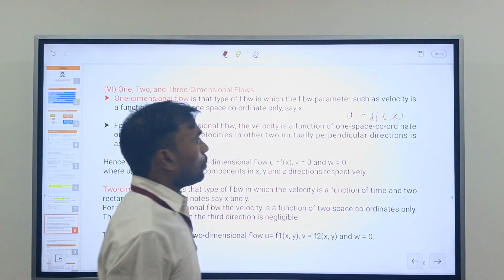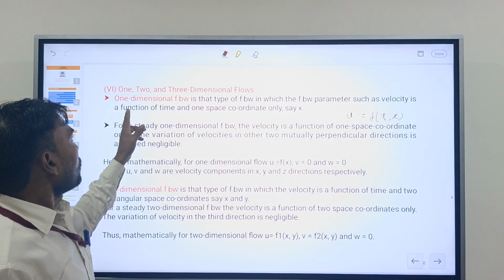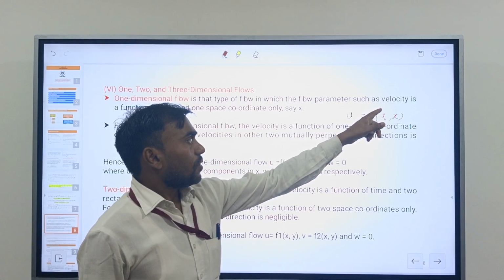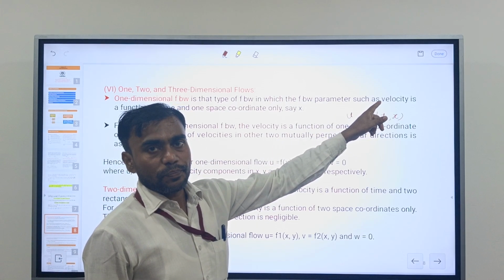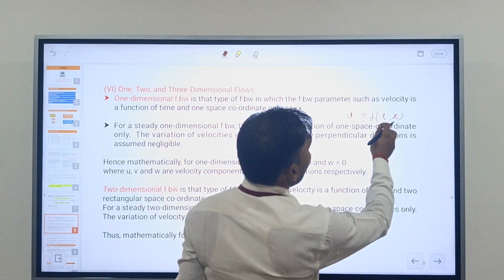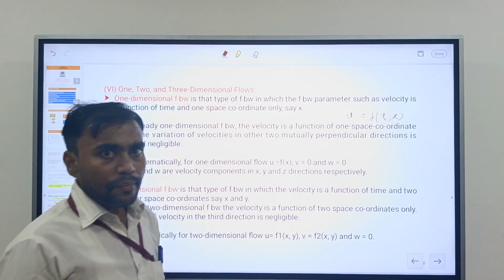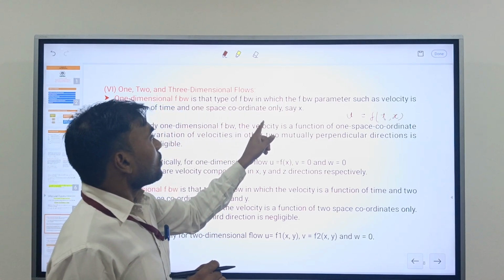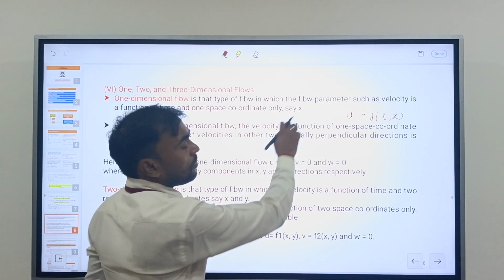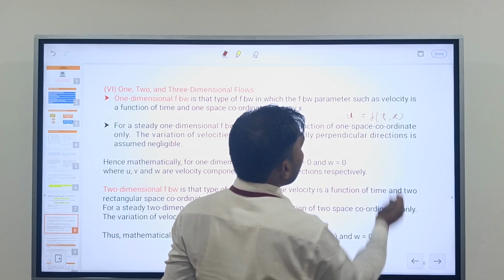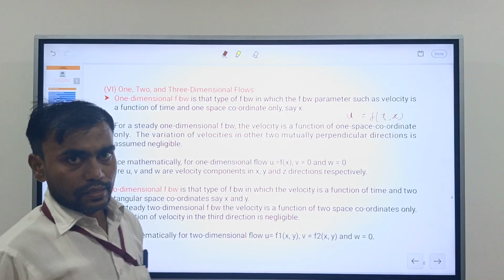If we consider the fluid parameter as velocity, then velocity will be a function of time and one space coordinate, suppose x. So you can represent it as u is a function of t and x.